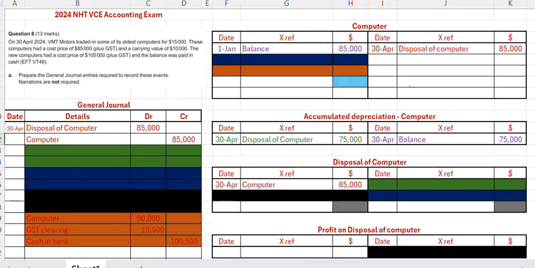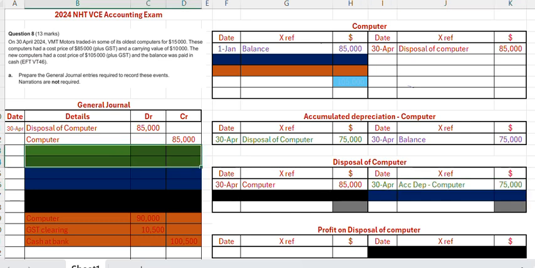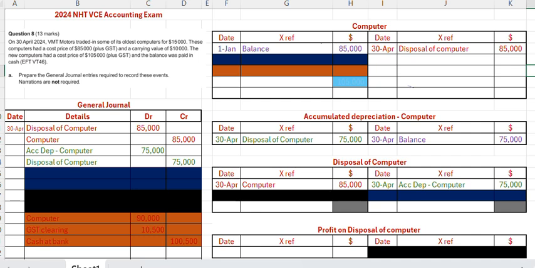It's kind of a double negative going on here. It's a negative asset that's being reduced, so that's why we're doing a debit. So that ACDEP account is now zeroed off, and we're going to transfer that to our temporary disposal account. So what does that look like in our GJ? We have done a debit entry to our ACDEP account and a credit entry to our disposal account.